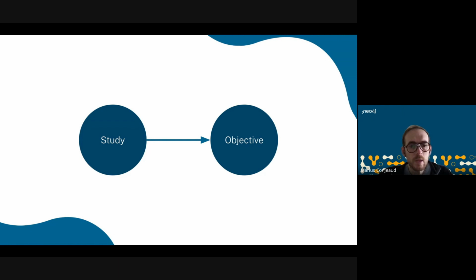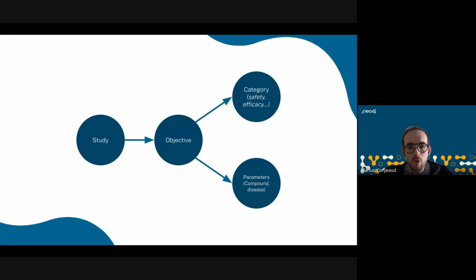The study objective, as you know, will be measuring something about something. So you need to zoom in a bit more. For example, the objective will have a category, which can be the safety or the efficacy of a given molecule over a certain disease, for example.